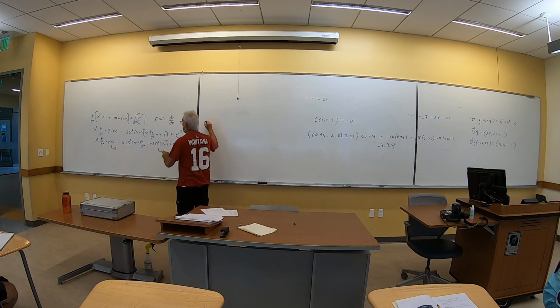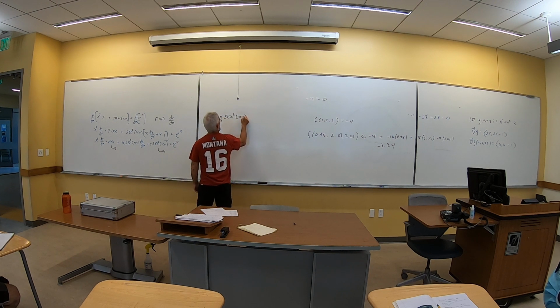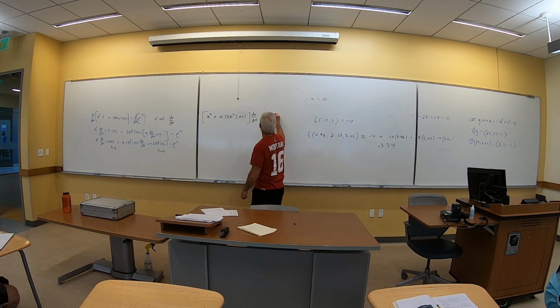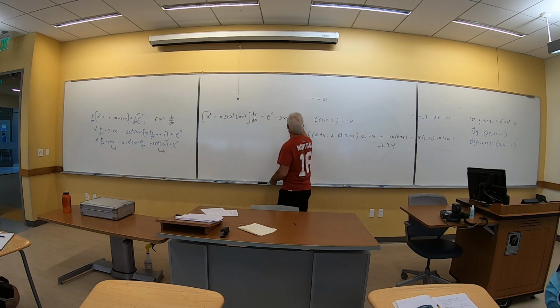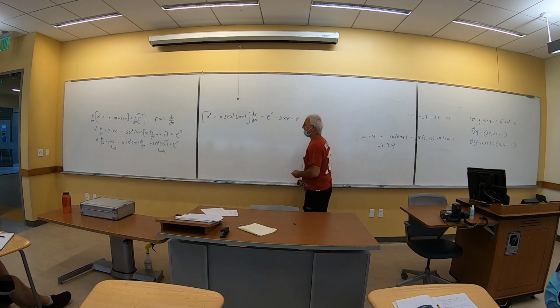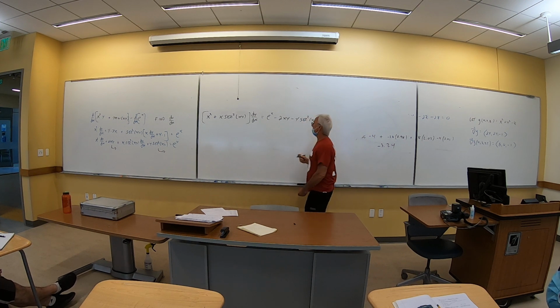So on the left side, I now have x squared plus x secant squared xy all times dy dx. And on the right side, I now have e to the x minus 2xy minus y times the secant squared of xy.